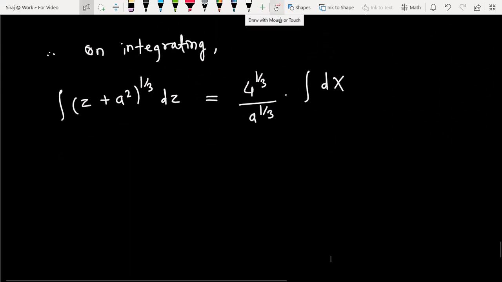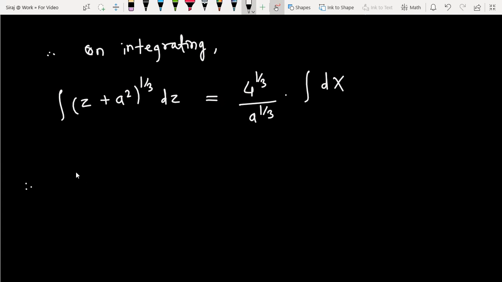So integration of left hand side (z plus a square) bracket to the power 1 by 3, power of variable z it is 1 inside the bracket, so we can directly take its integration. By using formula of integration of (ax plus b) bracket to the power n, it is (ax plus b) bracket to the power n plus 1 upon (n plus 1) into coefficient of x.